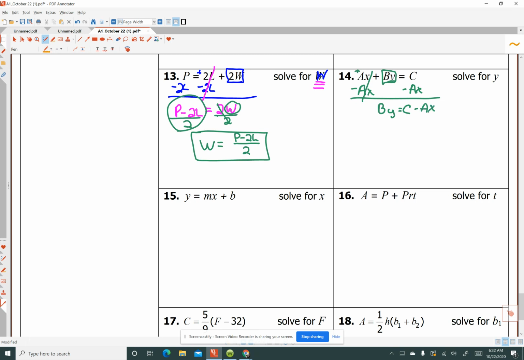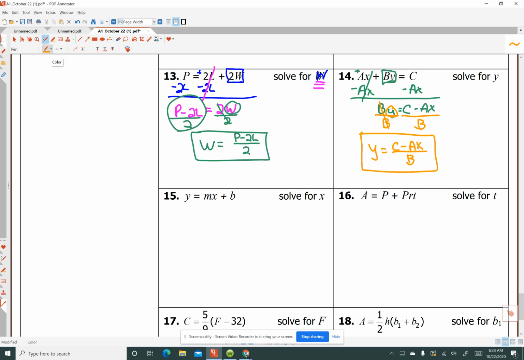So again, what is happening to Y? Y is being multiplied by B. So we will divide by B in order to isolate this Y, which leaves us with Y equals C minus AX, all of that divided by B. And that's the final answer.